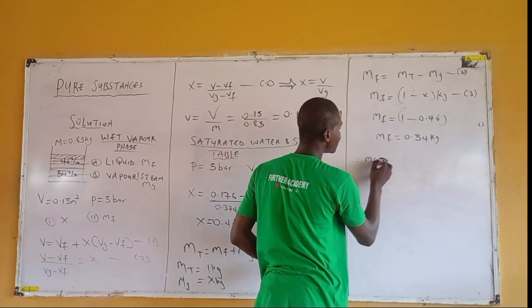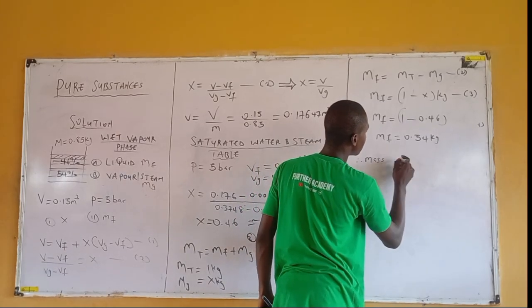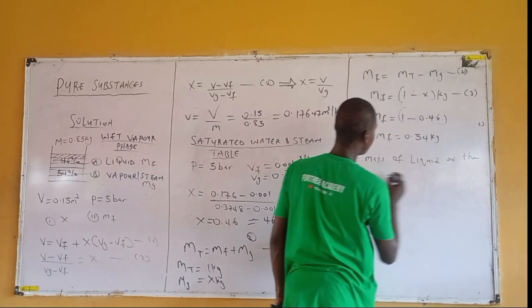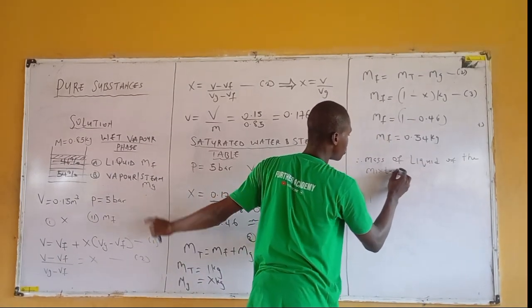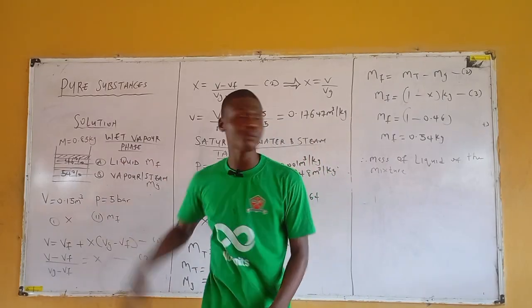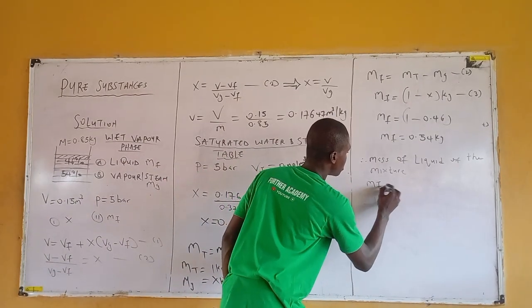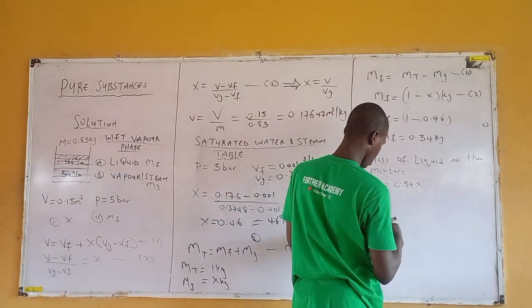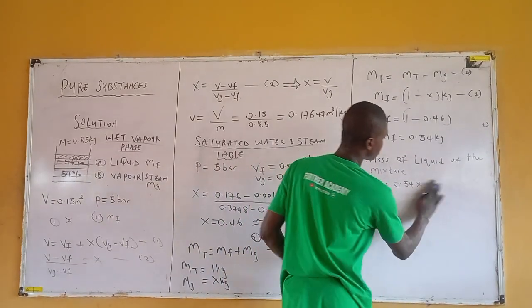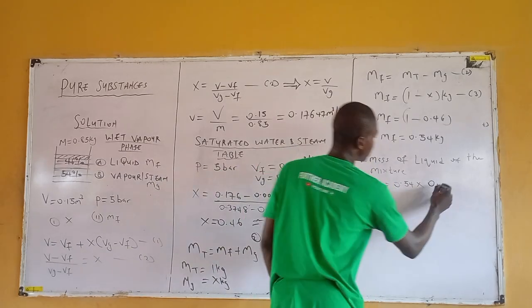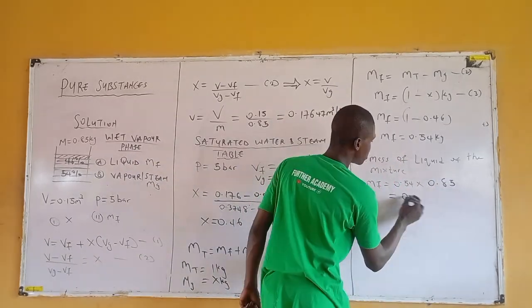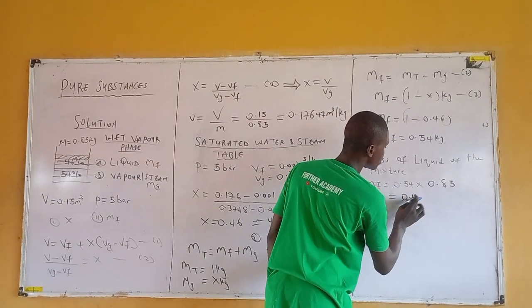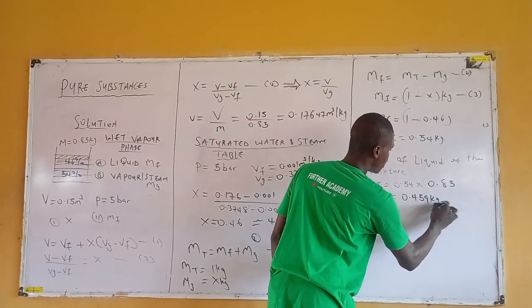Therefore, the mass of liquid of this particular mixture is 0.54 times 0.85. Input it in your calculator. What do you have? 0.459 kg.